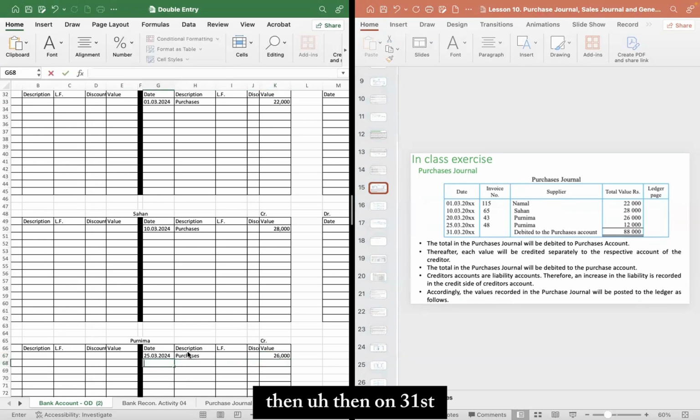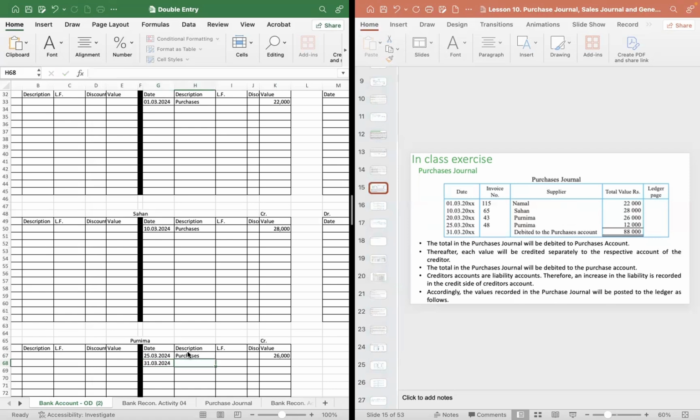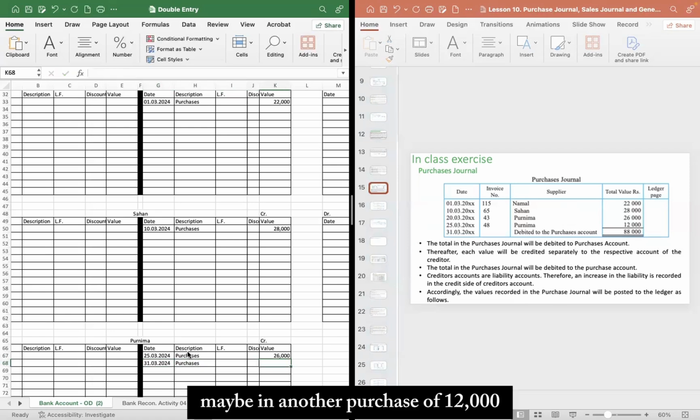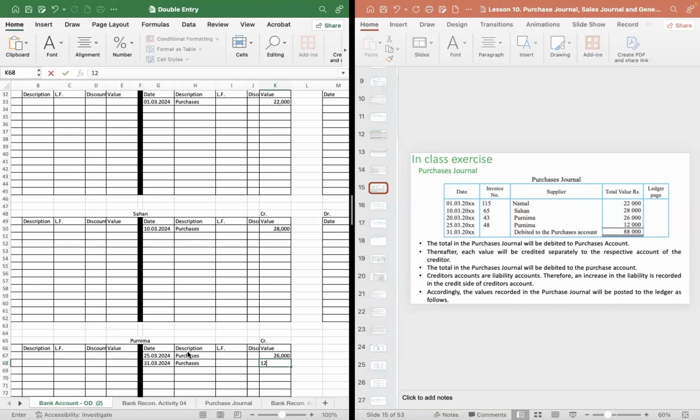Then on 25th March 2024, again another purchase of 12,000. That's it.